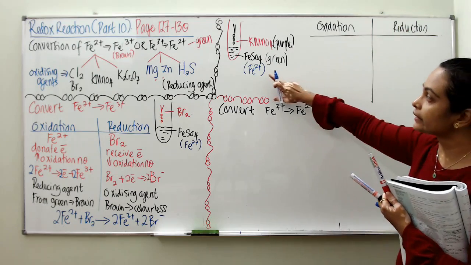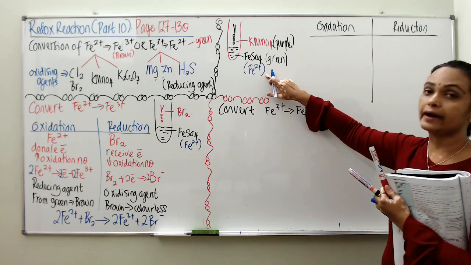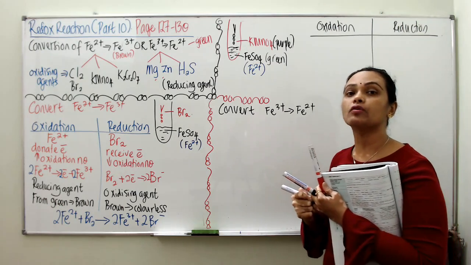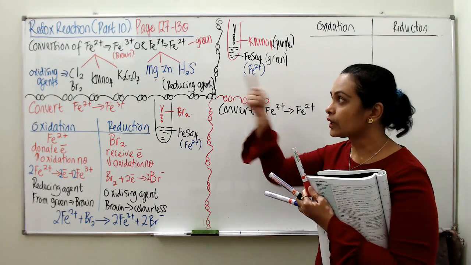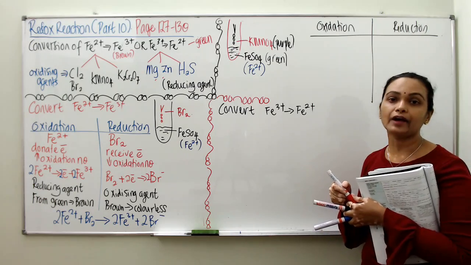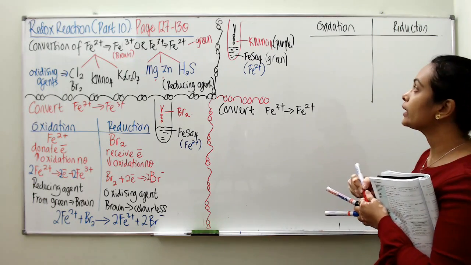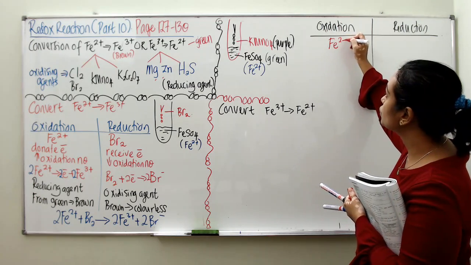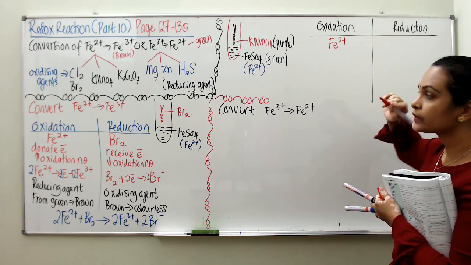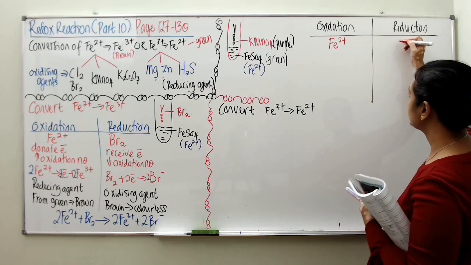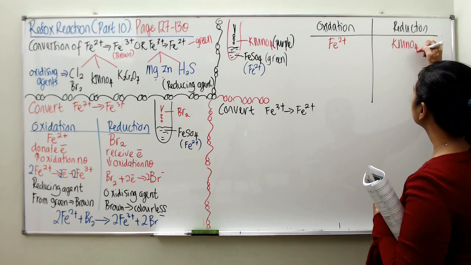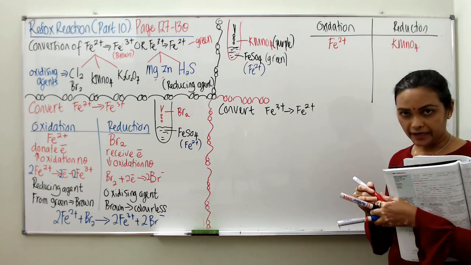Since I am looking at iron 2 ion, it has no other way to convert itself unless it is converting into iron 3 ion. So that is the reason why iron 2 ion goes through oxidation in the solution and potassium manganate 7 is going through reduction.